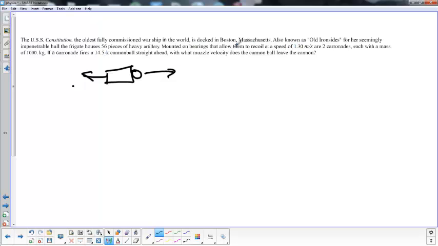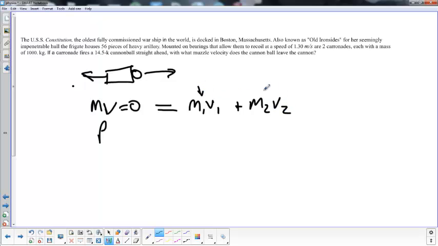The recoil speed, so we know the mv is 0 when it starts. So our momentum is 0. And that's going to end up to be m1 v1 plus m2 v2. This is of the cannon. This is of the ball.